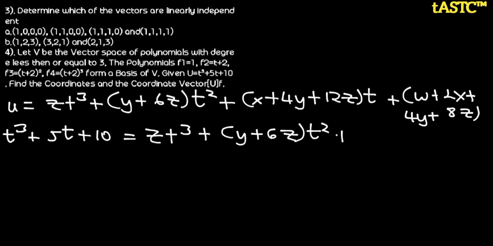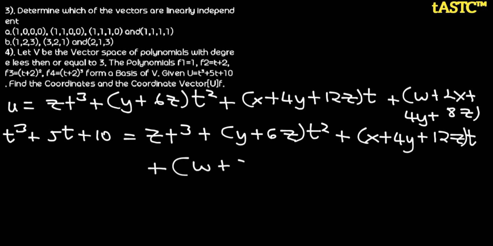This is t squared plus here we're going to have x plus a 4y plus a 12z, and that is multiplied by t, and this is plus this stuff, which is a w plus a 2x plus a 4y plus an 8z. Okay, so now we can compare. We have stuff on the left hand side which carries some powers the same thing as the ones on the right hand side. So this is the left and this is the right.